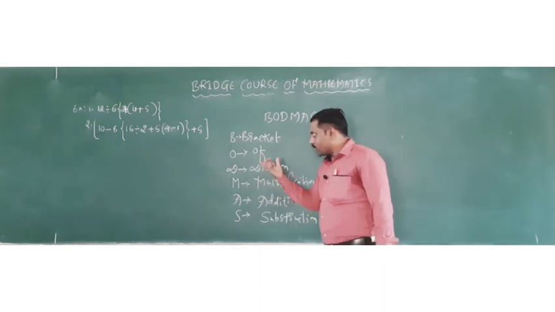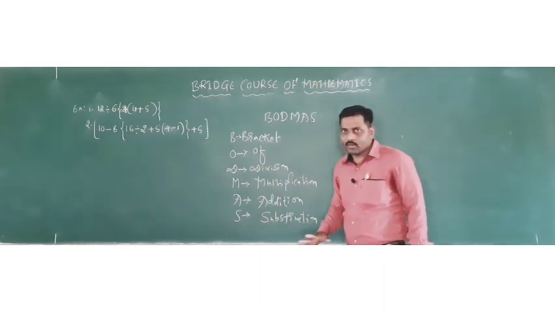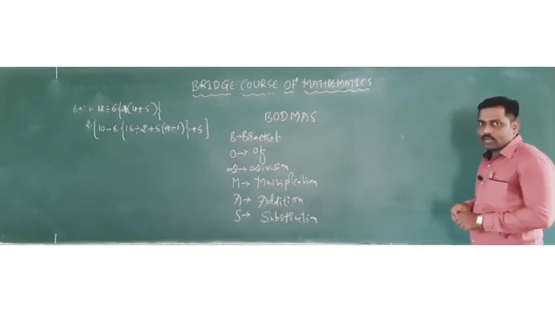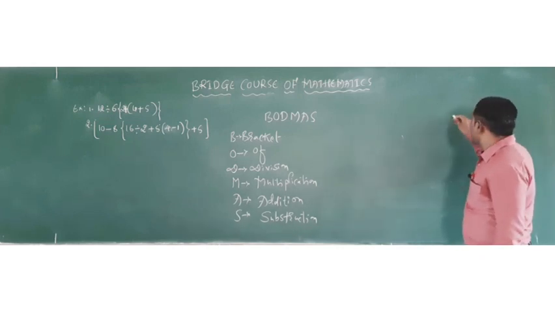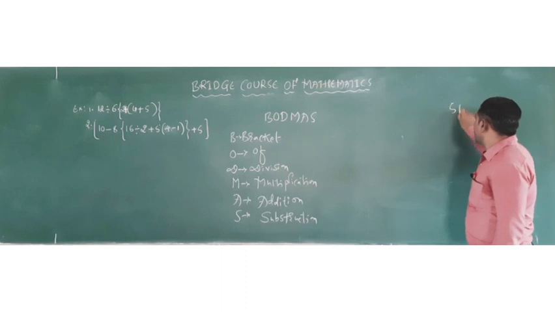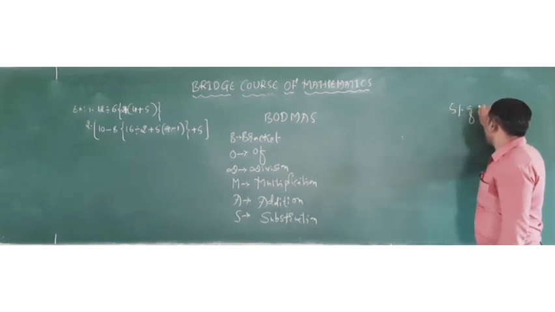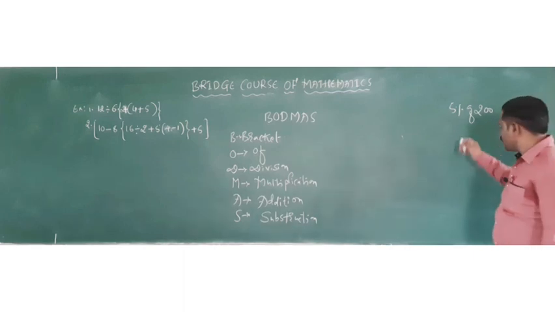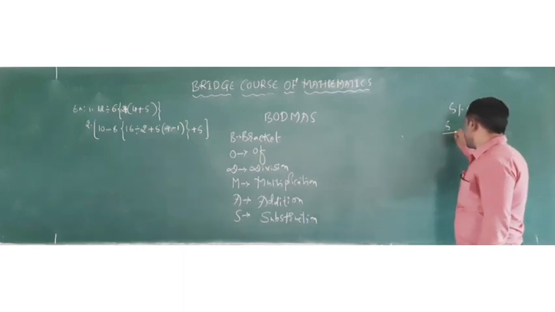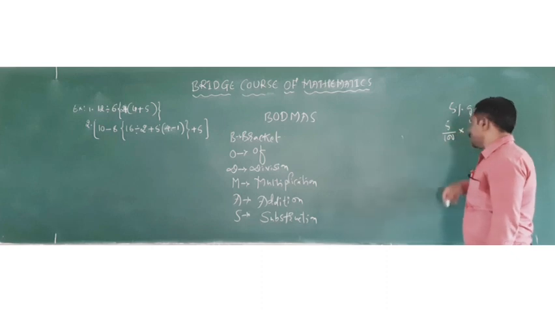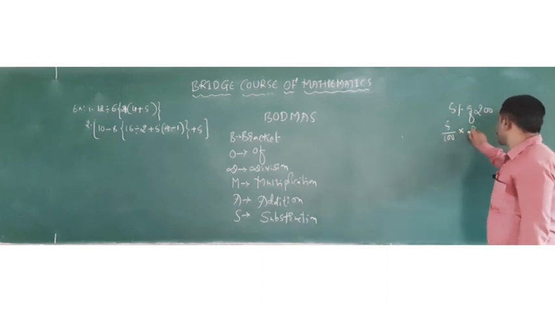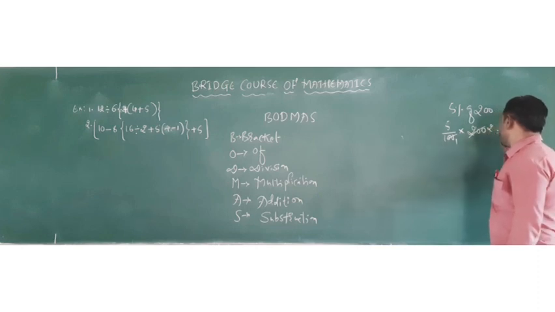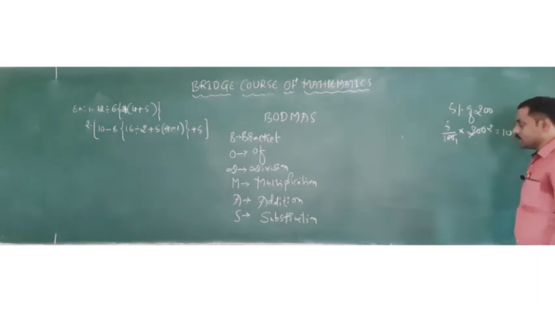Here, the O stands for of. Of is one type of operation that you can use here. Suppose we consider a simple example, 5% of 200. Are you agree? So, how to write it: 5 divided by 100 into 200? 100 1 ja, 100 2 ja, the answer is 10.